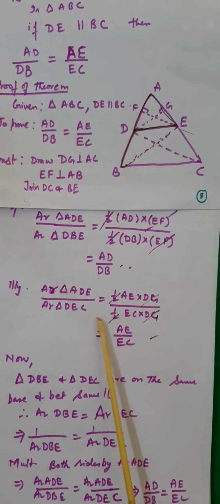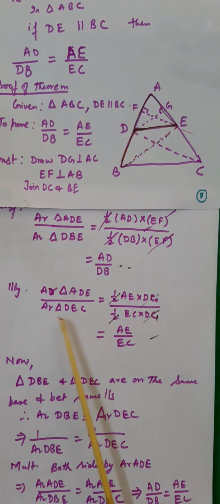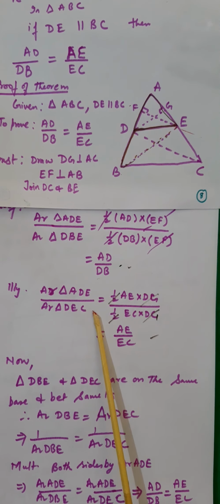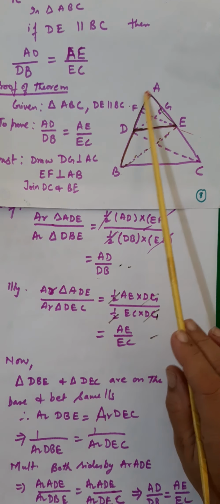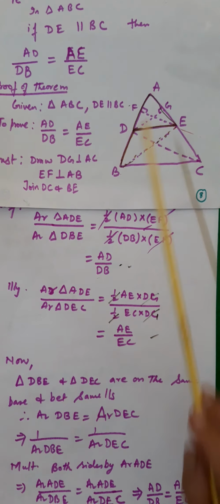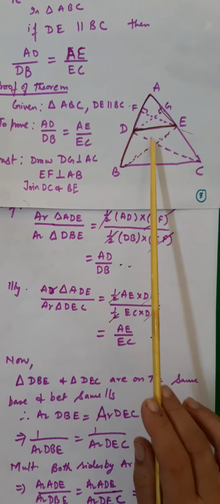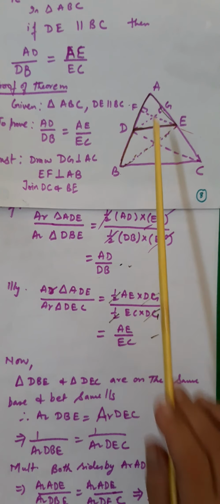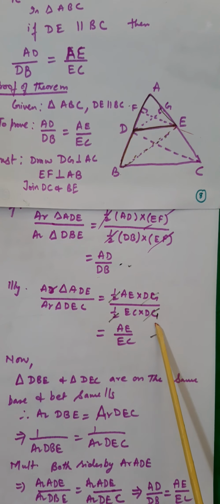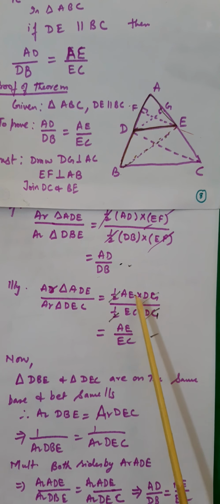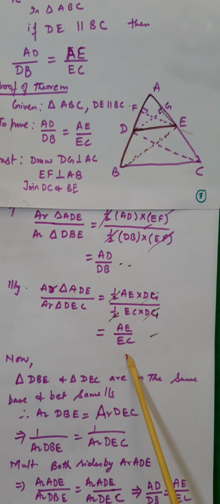Similarly, area of triangle ADE upon area of triangle DEC would be equal to half of AE into DG, and for this half of EC into DG. DG and DG cancel, half and half cancel, and you are left with AE upon EC.